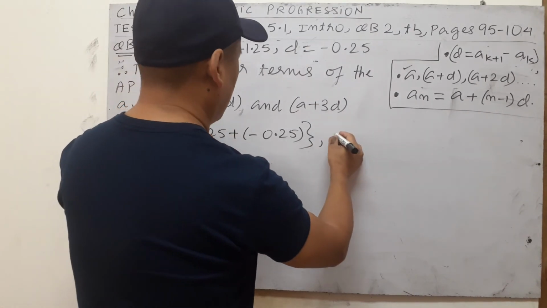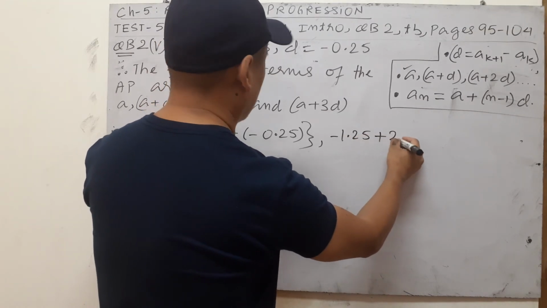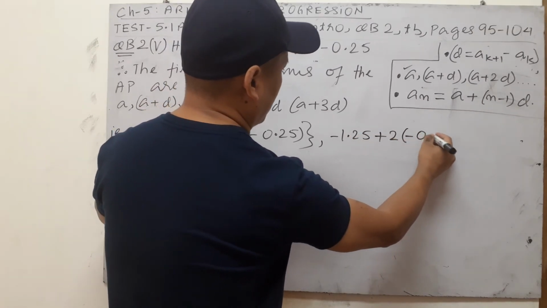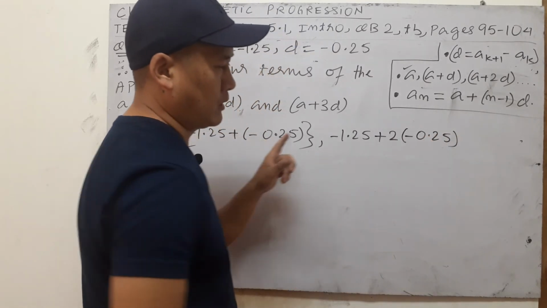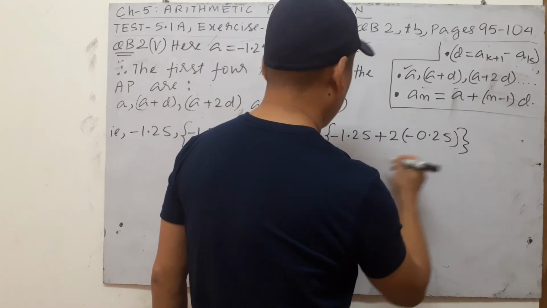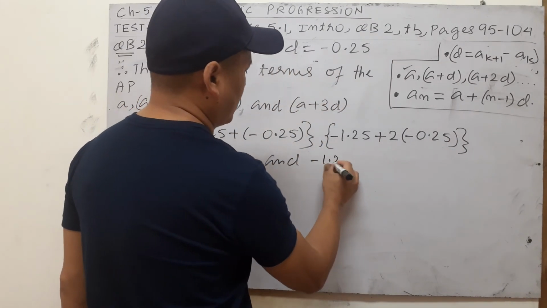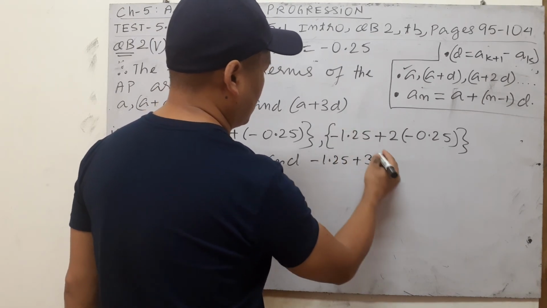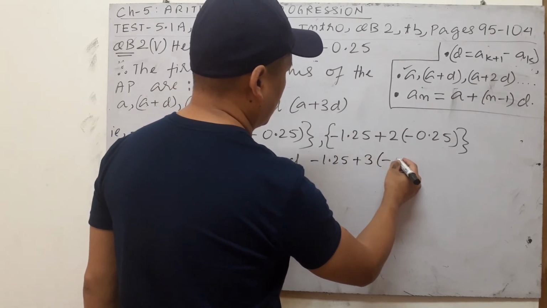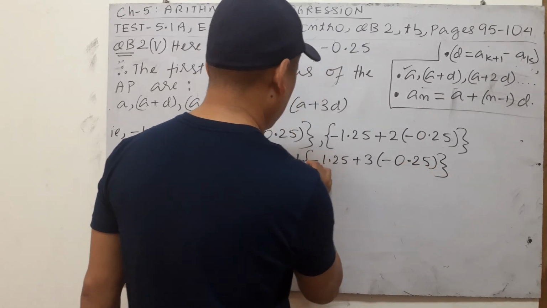The third term, A is -1.25 plus 2D, so 2 into D is -0.25, so 'into' can be indicated by putting a bracket like that. Cover it up with a second bracket, and the fourth term is -1.25 plus 3 into D, -0.25. So these are the four terms.